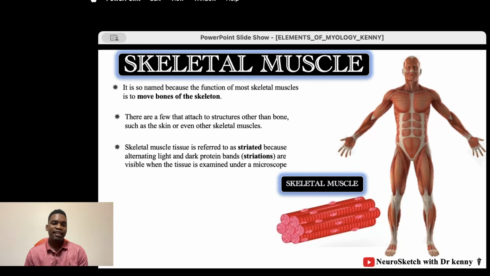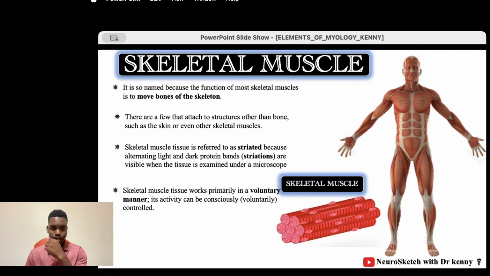The skeletal muscle, as we have said, is striated muscle because of these strips when you look under the microscope. And skeletal muscles are primarily voluntary muscles. You decide to move the muscle, you decide to move different parts of the body.